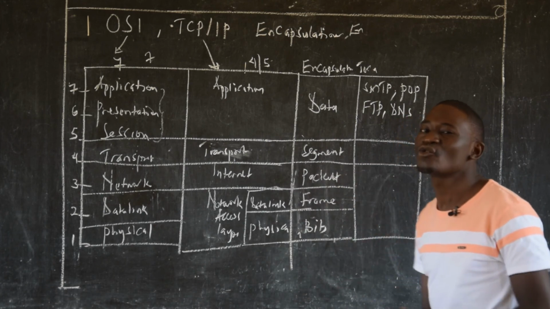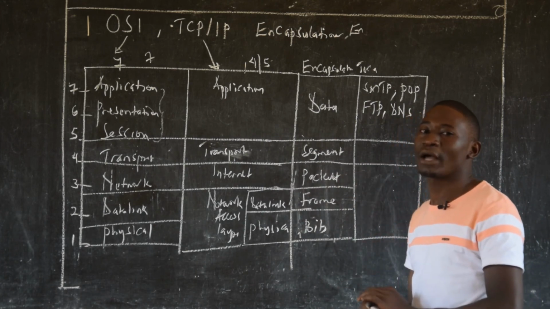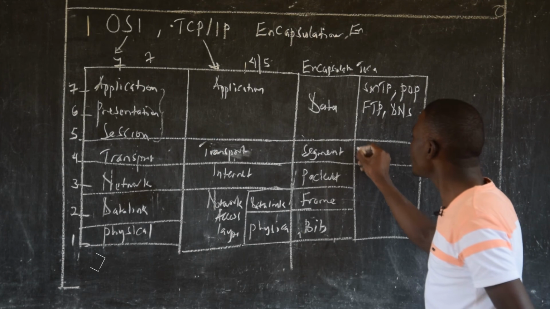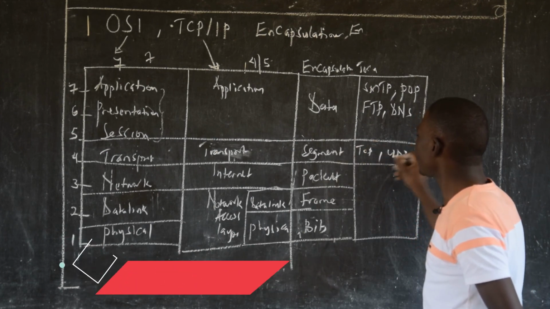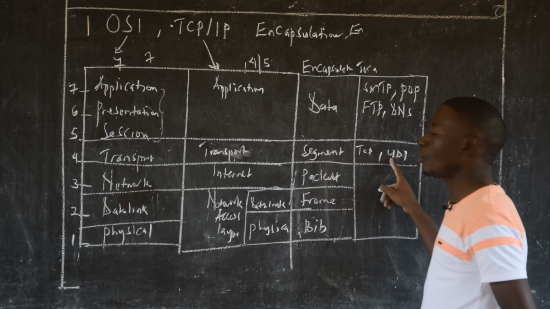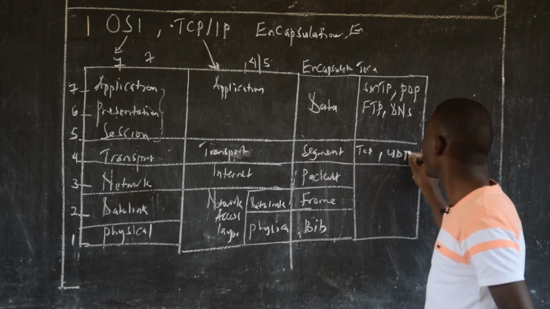How is the message transported? Which protocol are they using? We can either use TCP or UDP, Transmission Control Protocol, or User Datagram Protocol. That is it.